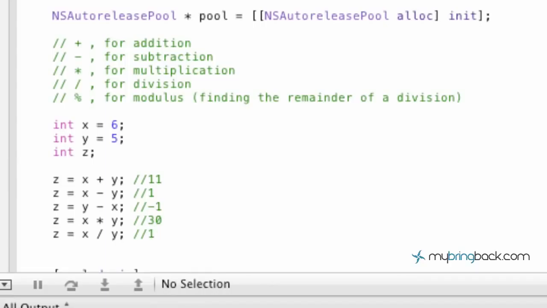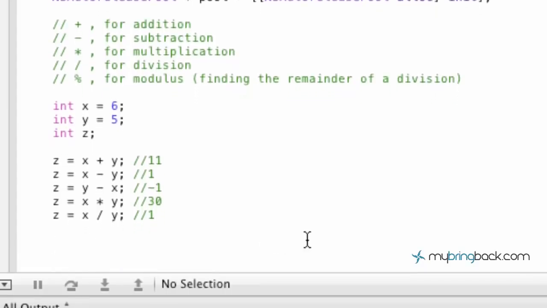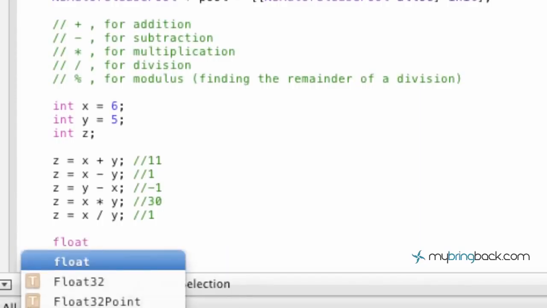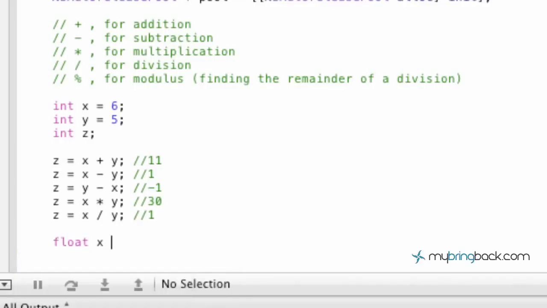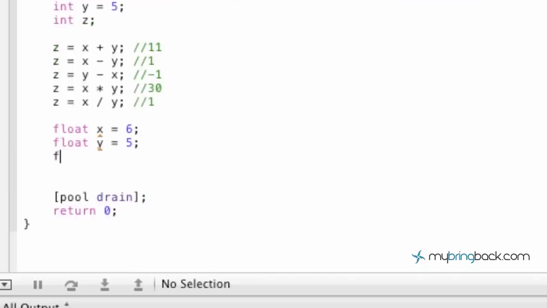So that's what I want to do to kind of run through a finale of what you should do with division. With division, you typically want to use a float variable, because in that case most division is going to result in decimal places. So in this case we probably would have wanted to establish our variables as float x equals 6, float y equals 5, don't forget your semicolons, and then again float z.